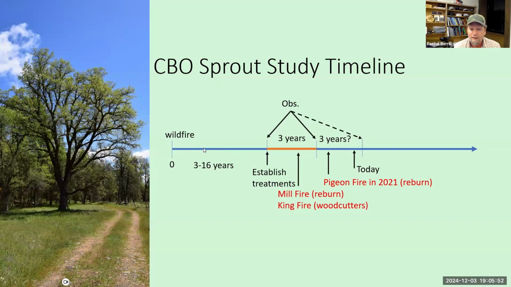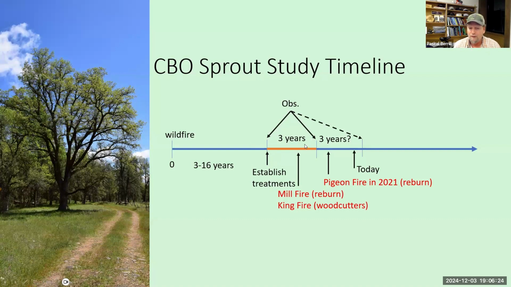But in another fire, it may have been 4 years, 5 years, 7 years, 14 years, even up to 16 years between when the fire occurred, and there was the growth of those unthinned clumps, and when we thinned. So we have this thin late or thin early type of comparison in our experiment. Now, the first observation happened when we implemented the treatments, and then our plan was to come back 3 years later and do an assessment.